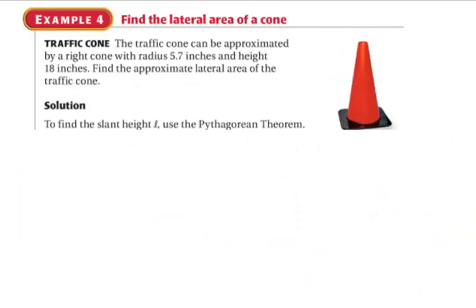Okay, let's look at one more. A traffic cone can be approximated by this right cone that has a radius of 5.7. So let's say this has a radius of 5.7 inches and a height of 18 inches. We're going to find the approximate lateral area of the traffic cone.